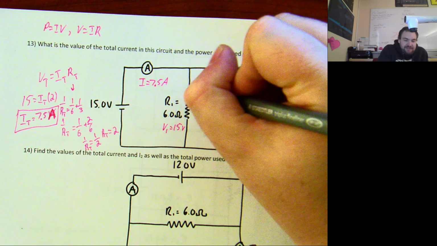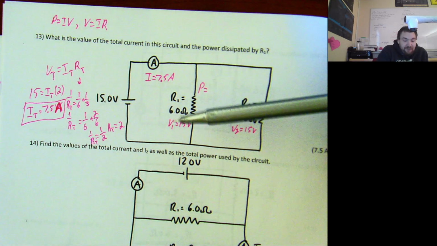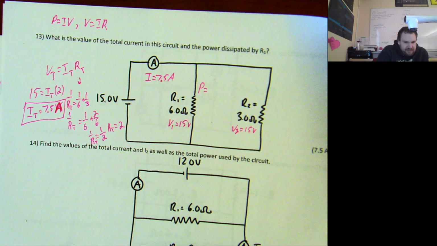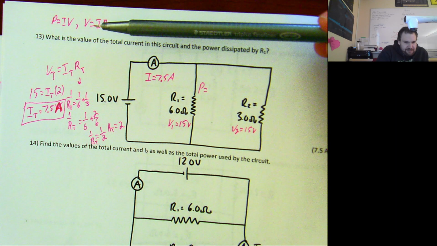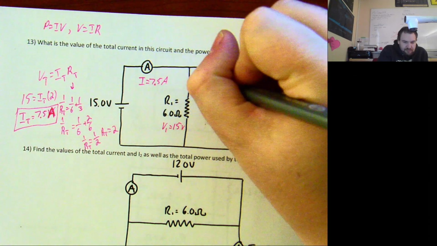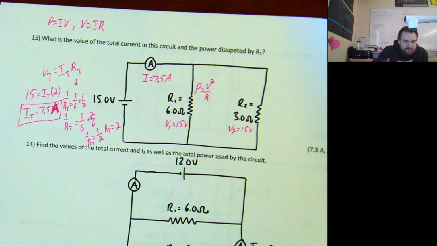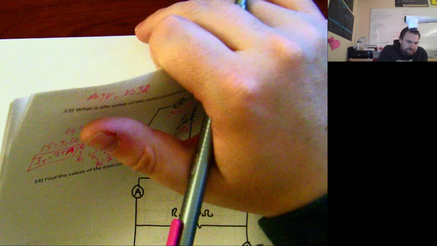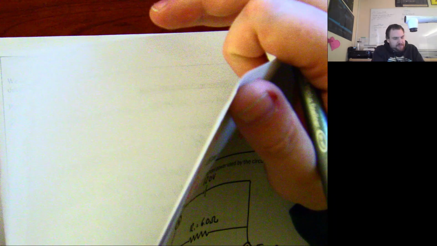Power dissipated is equal to, there is a relationship that involves V and R. Is it V squared over R? I think it's V squared over R. Go back.